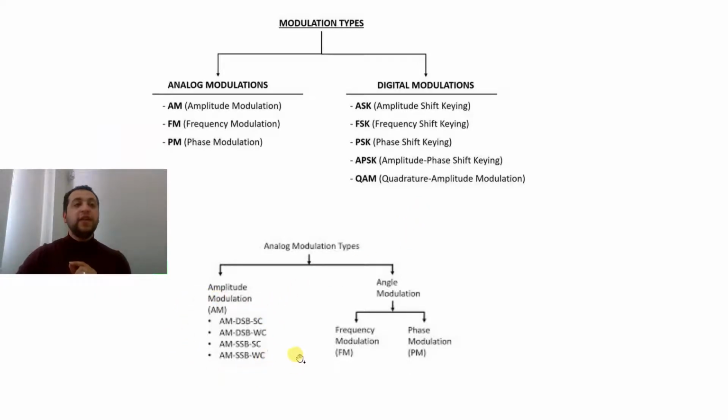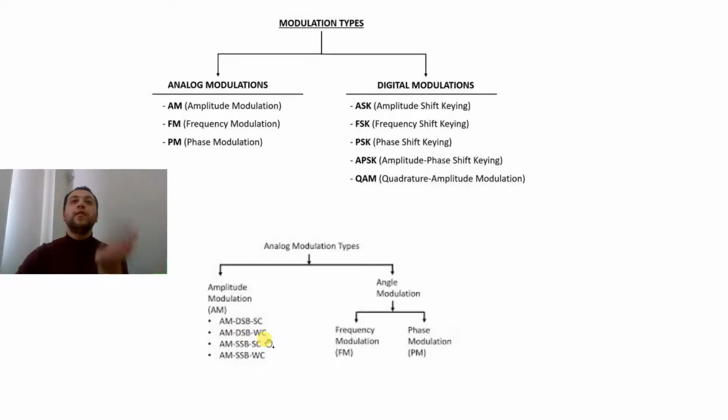Also, in the course of Introduction to Telecommunication, you will be seeing recorded videos explaining each one of these analog modulation schemes. Examples of analog modulation schemes: amplitude modulation, double sideband, suppressed carrier. SC means suppressed carrier, without carrier.